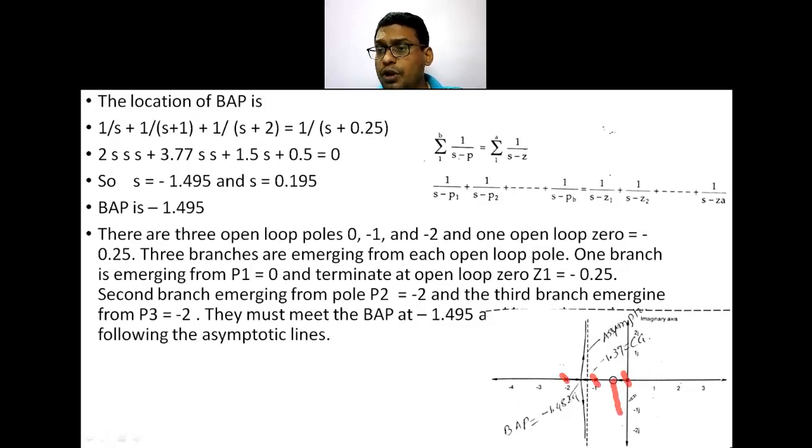So the pole at 0 will terminate at this zero at minus 0.25, and it follows the real axis.